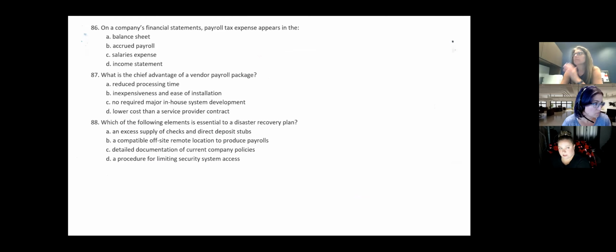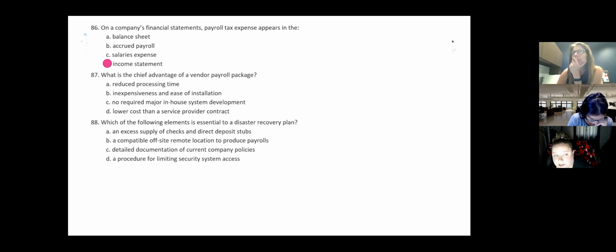On a company's financial statements, payroll tax expense appears in the balance sheet, accrued payroll, salaries expense, or income statement. Good job. Income statement.